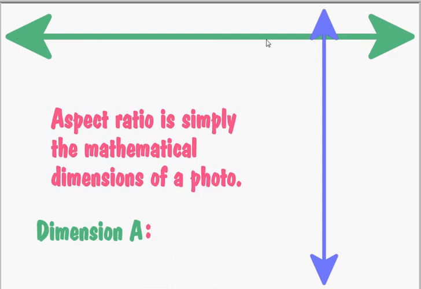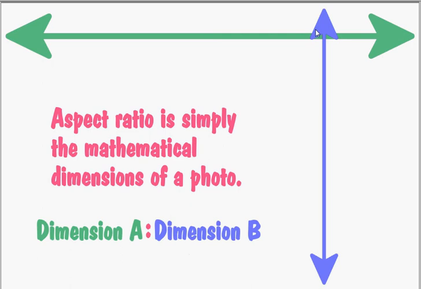So you take the measurement of the width of the photograph, and it doesn't matter what unit of measure you use, whether it's inches, centimeters, pixels, light years, chains, rods, miles, doesn't matter. As long as you use the same unit of measurement for the height of the photograph. And you simply express them as one dimension in relationship to another dimension.